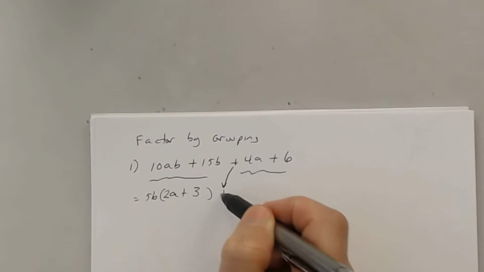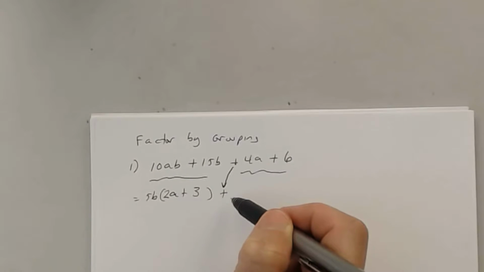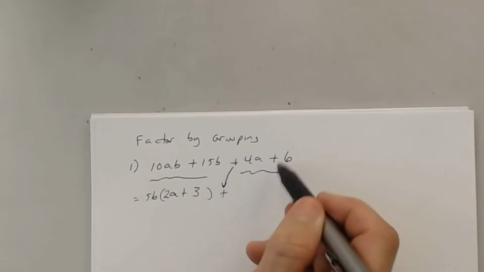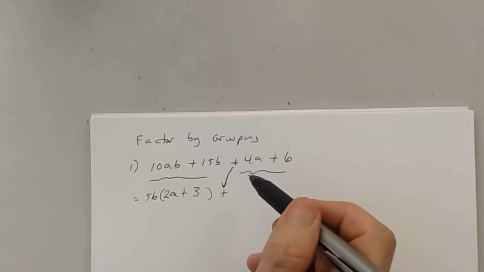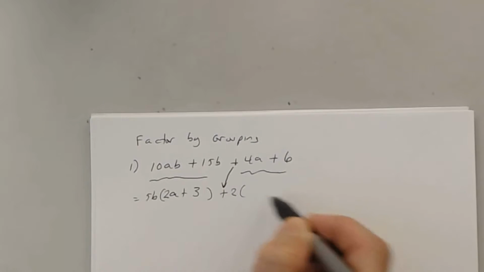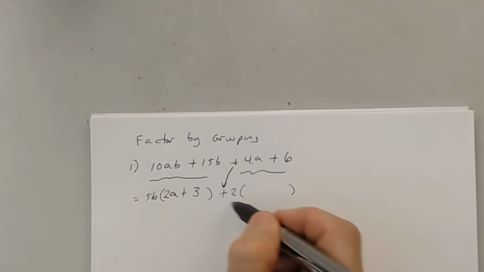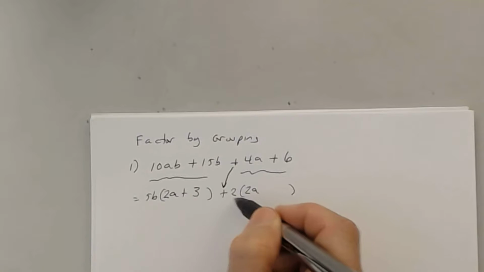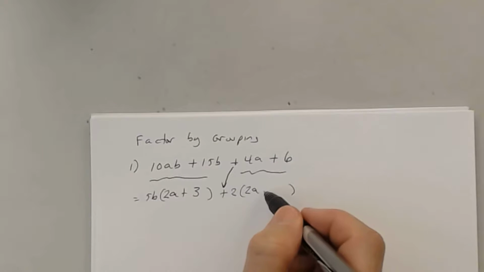So you're going to factor out a plus GCF, a positive GCF. So if you look at the second group, what's your GCF? 2. So you're going to say plus, always bring that down, plus 2 times, and let's think about what goes inside here. A positive 2 times what is 4a? 2a. A positive 2 times what is 6? Plus 3.